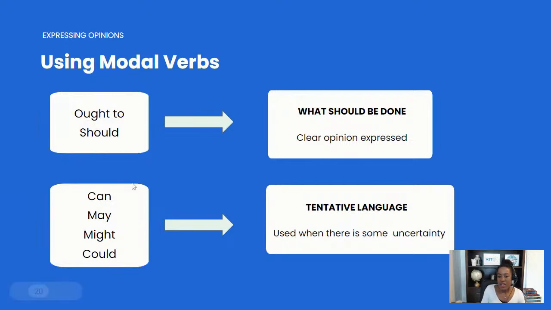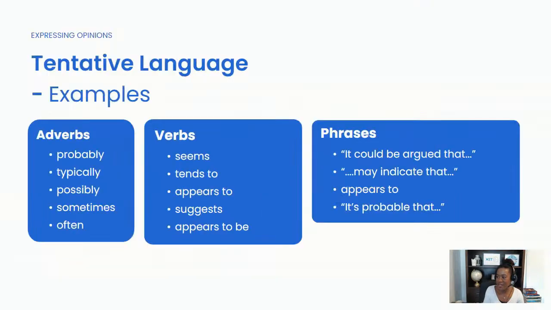Sometimes there might be a level of uncertainty as to what's being said as they express an opinion, in which case the writer might use what we call more tentative language. Here they might say things like can, may, might, or could. So watch out for tentative language. That can really help you identify when an opinion's been expressed.